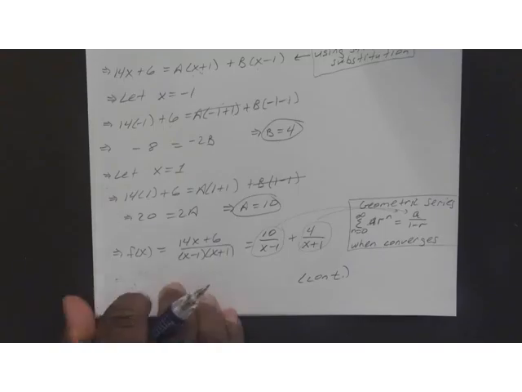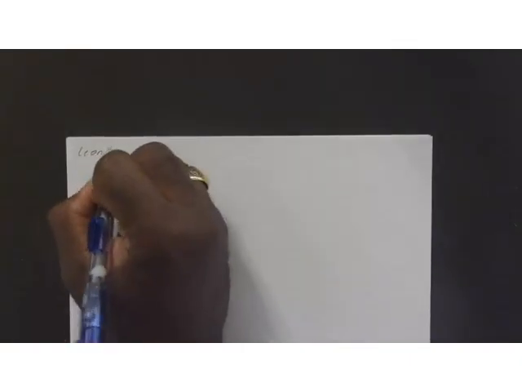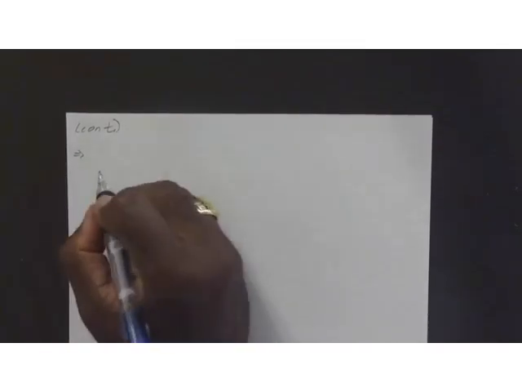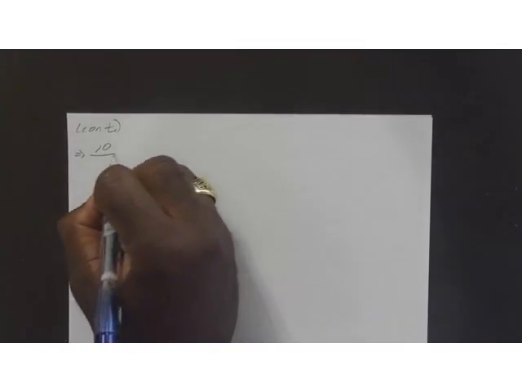All right, I figure everyone should be done writing. So if we want to put it in our geometric series form, we have our 10 divided by x minus 1.